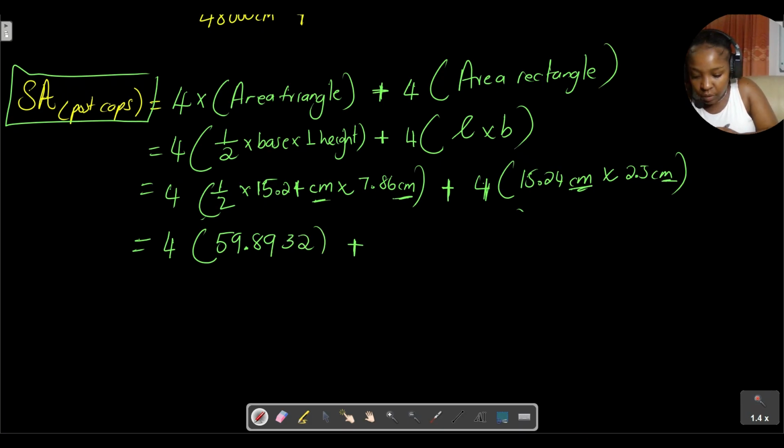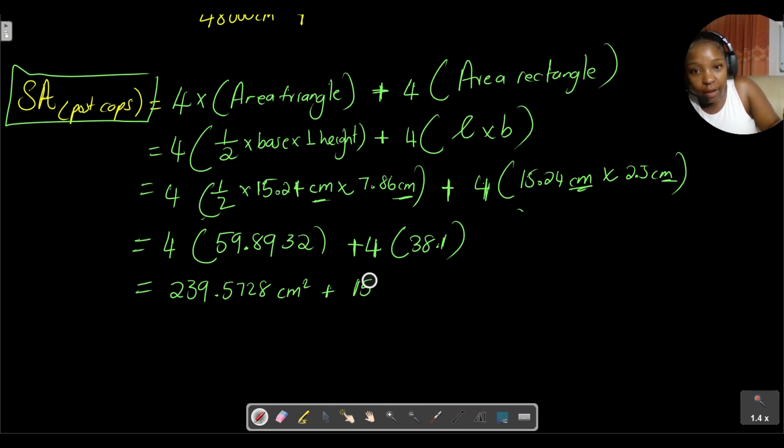Plus 4 times, so it's just going to be 15.24 multiplied by 2.5. It's going to give us 38.1. So it's 4 times 38.1. Simplify further. 4 times 59.8932 gives us 239.5728 centimeters squared, plus 4 times 38.1 gives us 152.4 centimeters squared.